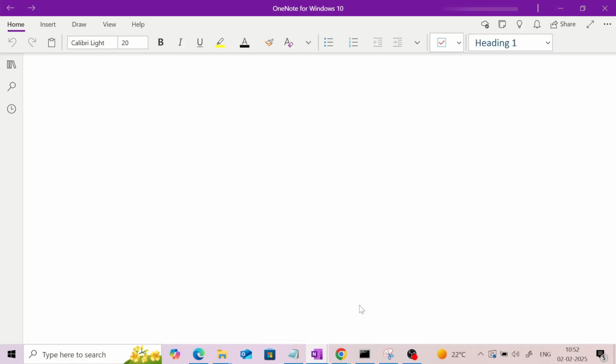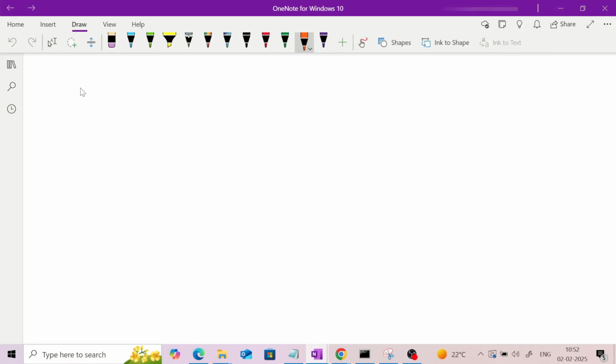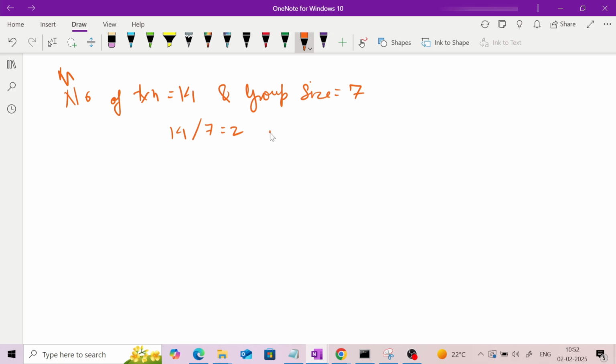Say the number of transactions is equal to 14 and the group size is equal to 7. Here 14 divided by 7 is equal to 2, or 14 modulo 7 is equal to 0. The remainder is 0, so it is exactly divisible.